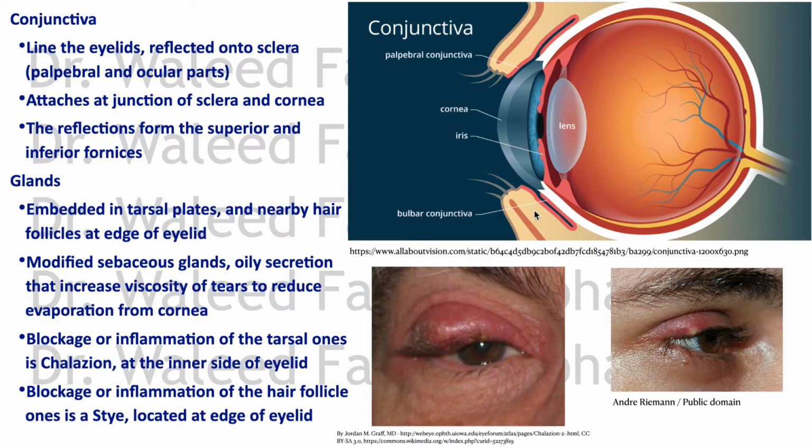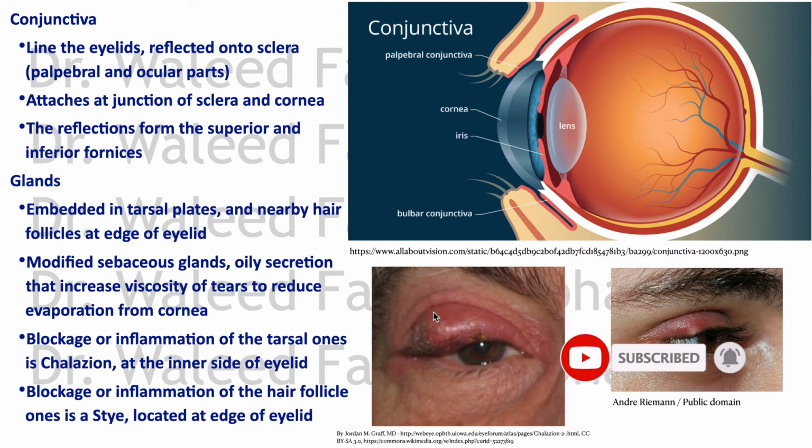Now, the glands in the eyelids, we said that many of them are in the substance of the tarsal plates as tarsal glands, and the remainder are at the hair follicles of the eyelashes. Okay, now inflammation of the ones in the tarsal plates produces a condition called chalazion. See, it's an infection at the inside of the eyelid.